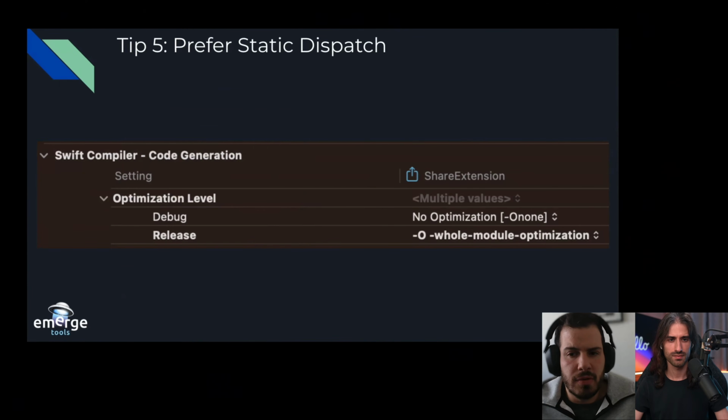But it's important to note that whole module optimization only applies to classes with internal access and won't affect public classes that may be subclassed by other modules. However, when applicable, it can provide significant performance benefits by leveraging static dispatch for methods that do not have overrides within the module.